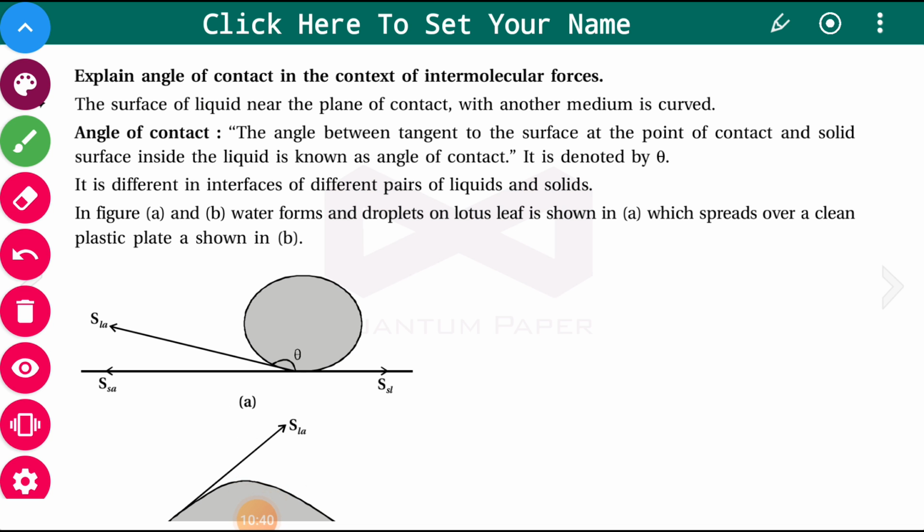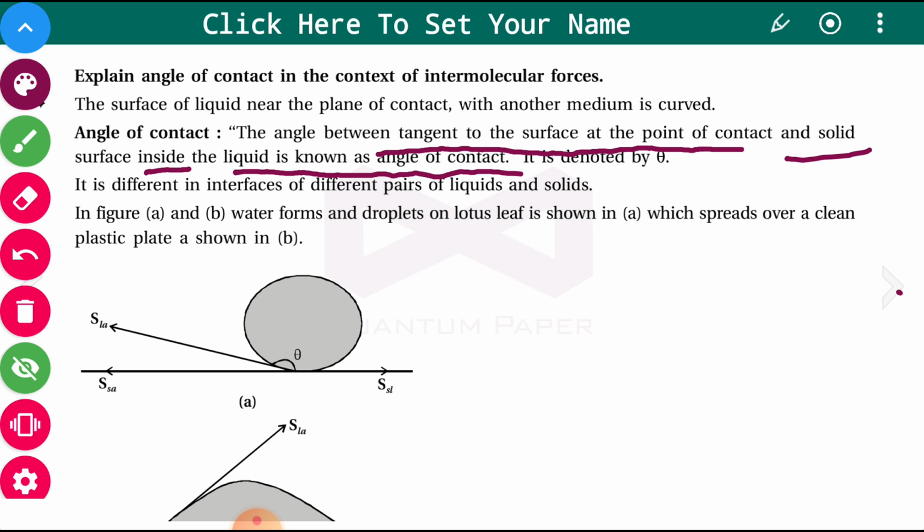Now we shall talk about the angle of contact in the context of intermolecular force. The surface of a liquid near the plane of contact with another medium is always a curved surface. The angle of contact is defined as the angle between the tangent to the surface at the point of contact and the solid surface inside the liquid.